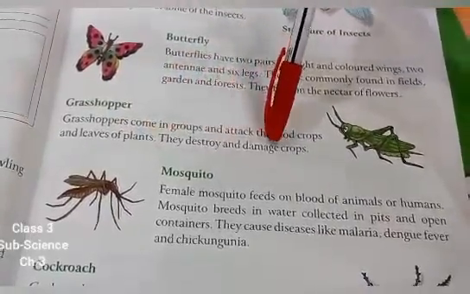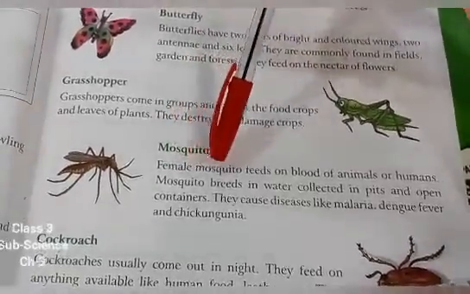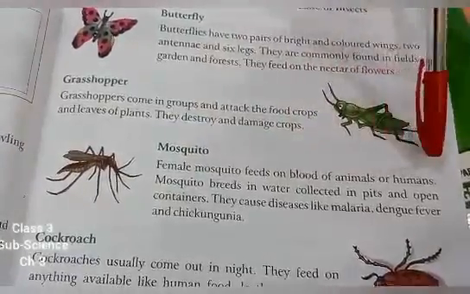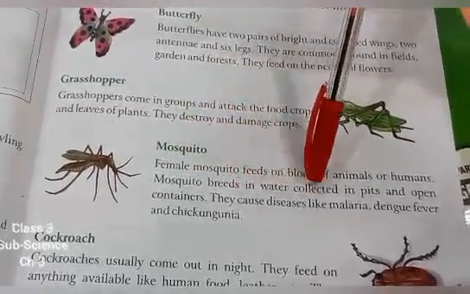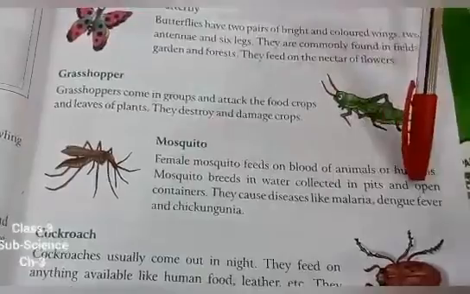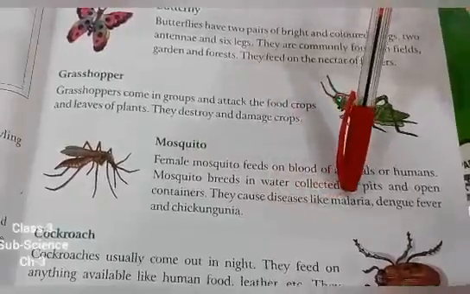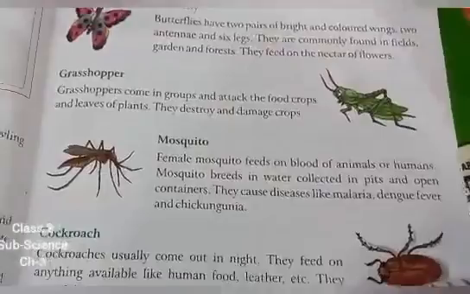They destroy and damage crops. Mosquito. Female mosquito feeds on blood of animals or humans. Mosquito breeds in water collected in pits and open containers. They cause diseases like malaria, dengue fever and chikungunya.